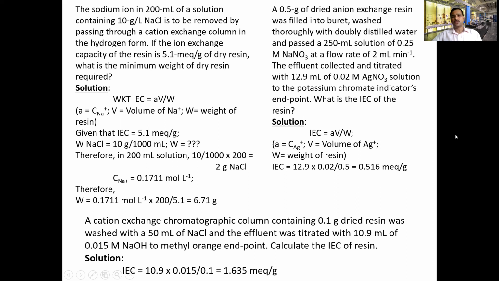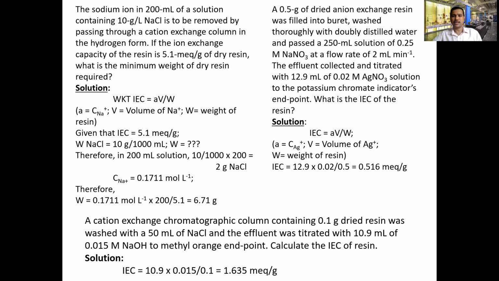Very simple. This problem makes you understand how to calculate the ion exchange capacity of anion exchange resin. A column has been filled with 0.5 gram of dried anion exchange resin, and it was washed with 250 ml solution of 0.25 molar sodium nitrate.